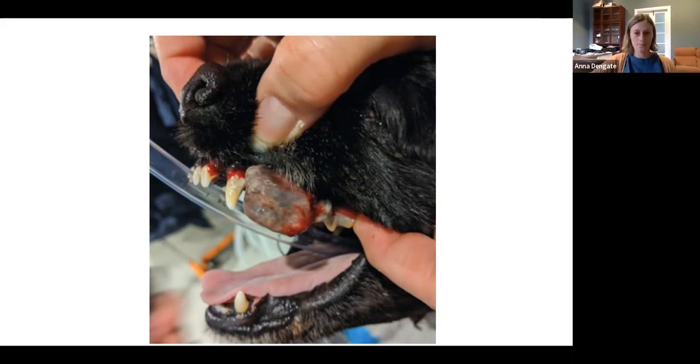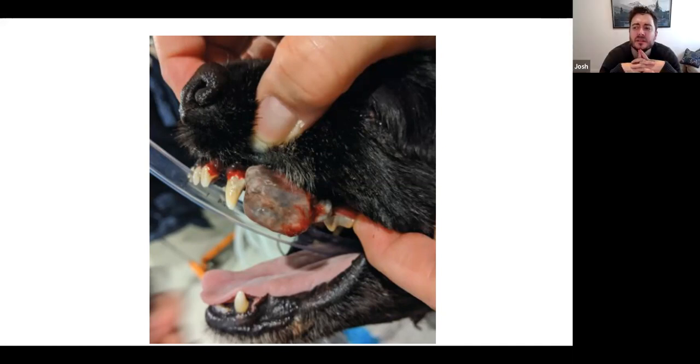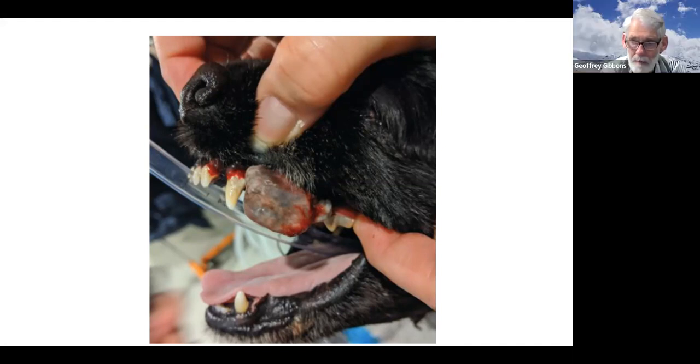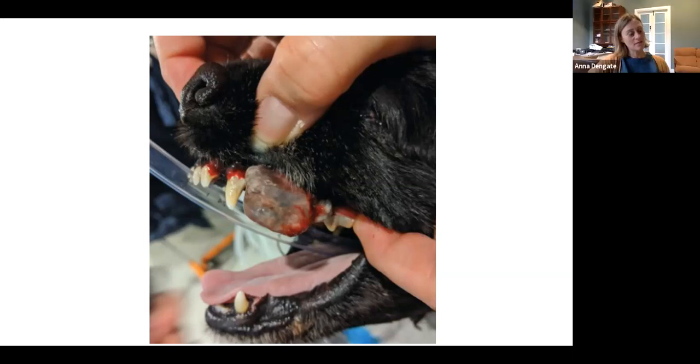Absolutely. There's one more round cell tumour I'd like to have on our list. Lymphoma? Just put it on every list. But yeah, you could, if it was a cat for sure. Not thinking lymphoma. Histiocytoma. That's a really good point.